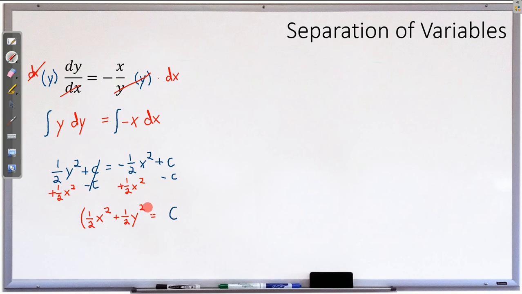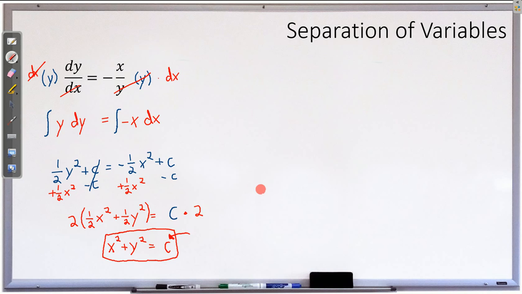We just have to multiply both sides times 2, and that will cancel out the 1/2s. So you have x squared plus y squared is equal to, and a number you don't know times 2 is still a number you don't know. Which looks very, very similar to what we had at the beginning. We just don't know what c is yet.